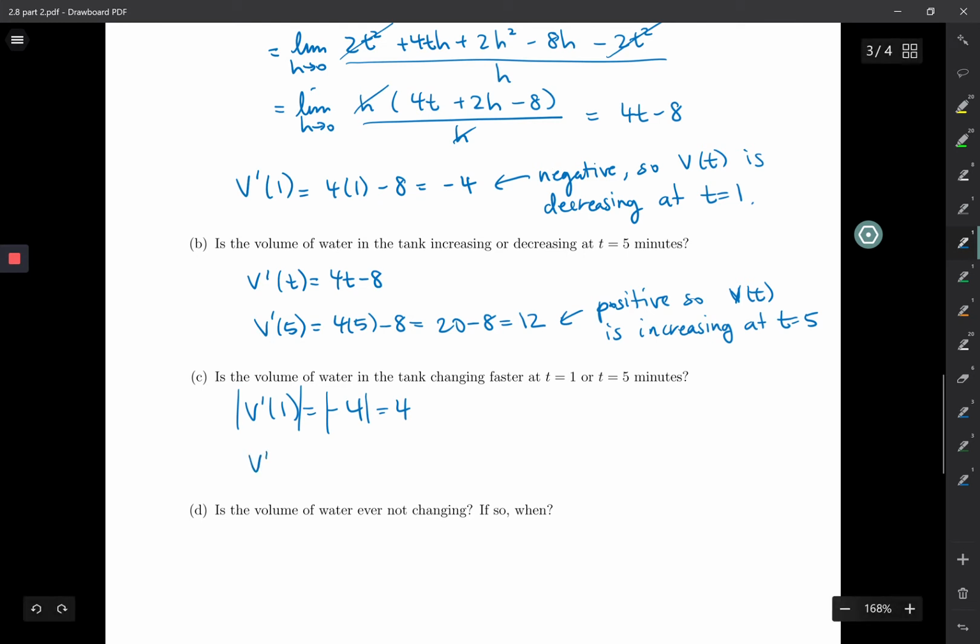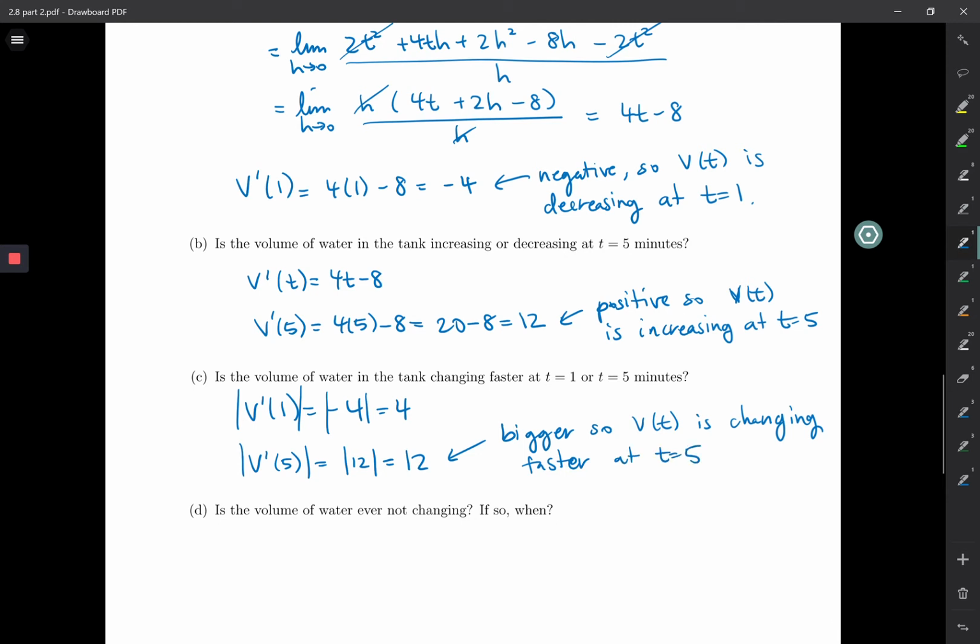And v prime of 5 was already positive, so it will be 12. Since this is bigger, the function is changing faster at t equals 5.